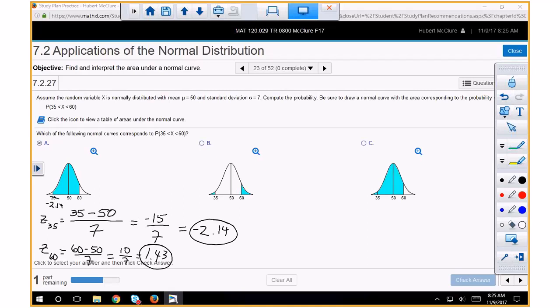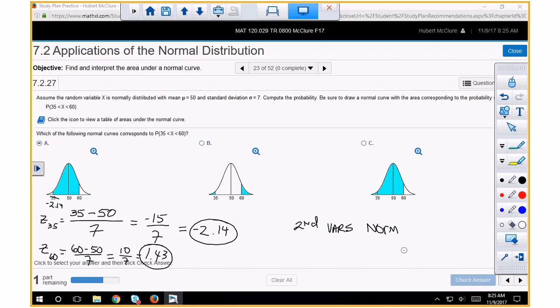So take second, bars, normal, whatever it is, PDF or CDF. No, because you're going z-scores. Okay, second bar is normal what? CDF.